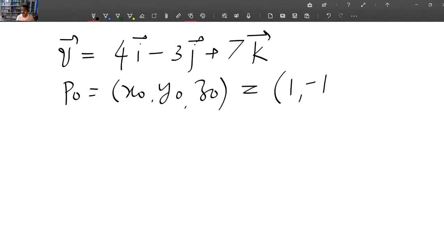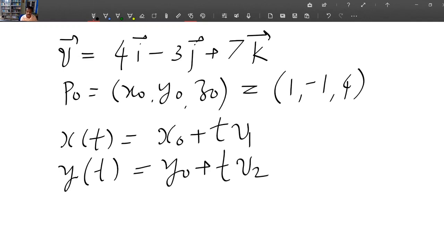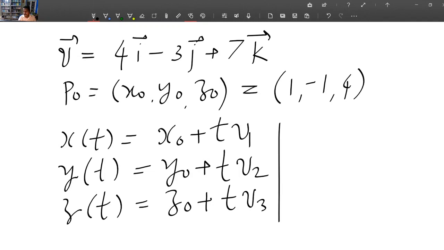So you know the parametric equation of the line is x of t equal to x naught plus tV1, y of t equal to y naught plus tV2, and z of t equal to z naught plus tV3, where t belongs to minus infinity to infinity.